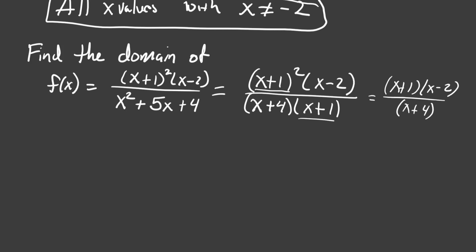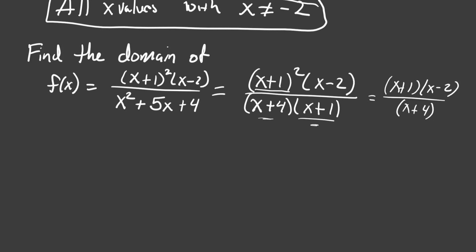Okay, that's simplified. But when I'm looking at the domain, I just want to know what can I plug into this specific function. And if I plug in either minus 4 or minus 1 into this specific function, I'm going to get division by 0 before I cancel. If I plug in minus 1, I'm going to get 0 divided by 0, which we can usually take care of, but we're still not going to include it in the domain because 0 divided by 0 still doesn't make any sense.